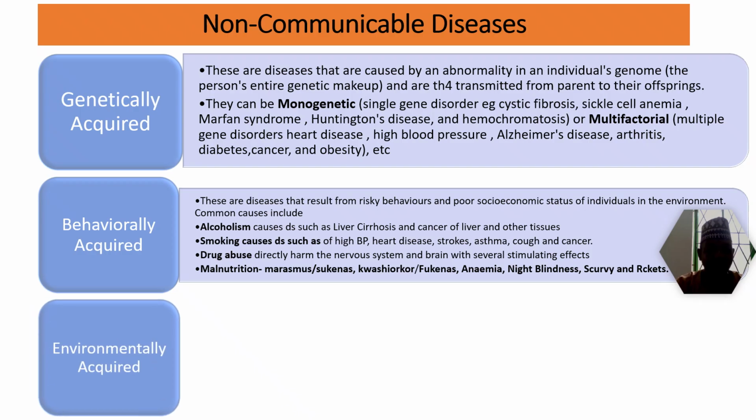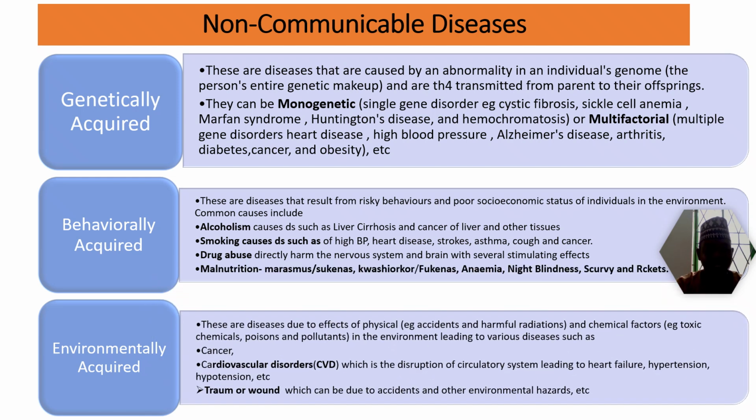Now, let's look at the last category, which are the environmentally acquired non-communicable diseases. These are generally diseases due to the effect of some physical agents, physical activities such as accidents, physical agents such as radiations or chemical factors.